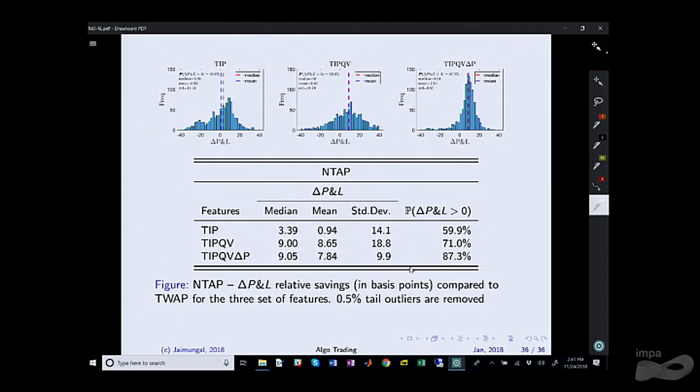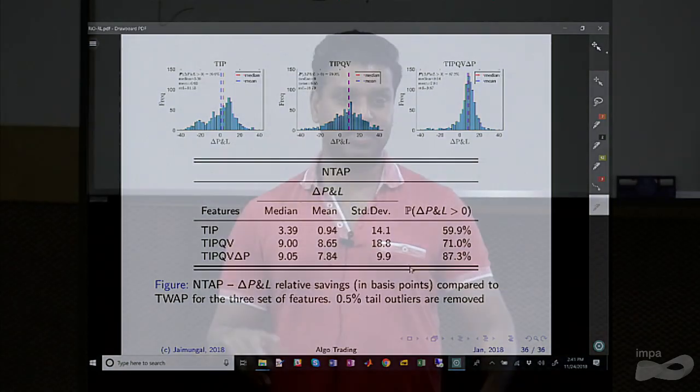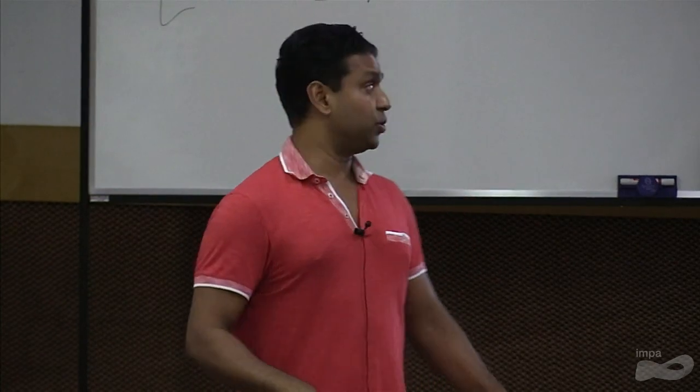We could also use VWAP or something, but for now, this is what we've done. And you can see that the delta P&L there means take the profits that you receive from selling a bunch of shares, subtract what you'd receive for TWAP, divided by that from TWAP, times 10 to the 4. This is the basis point savings that you would have.